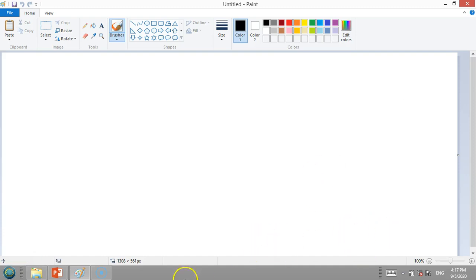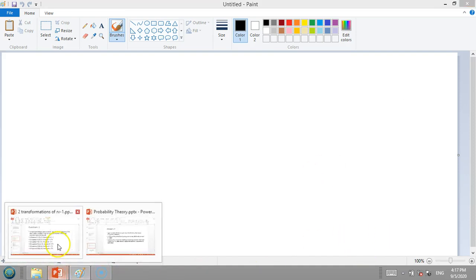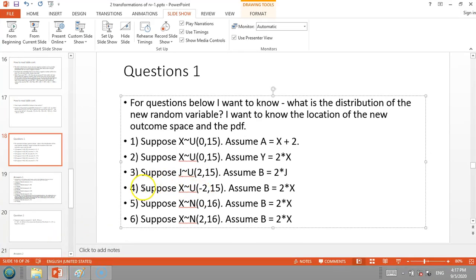And I posted the solutions on the next slide, so you can see them, by the way. X is uniform between -2 and 15.